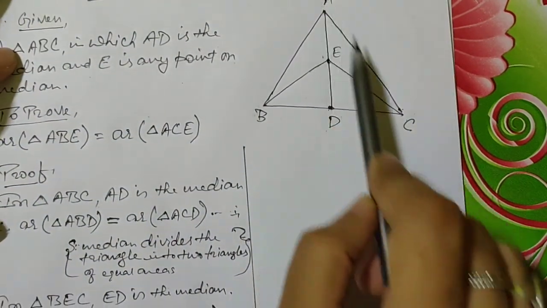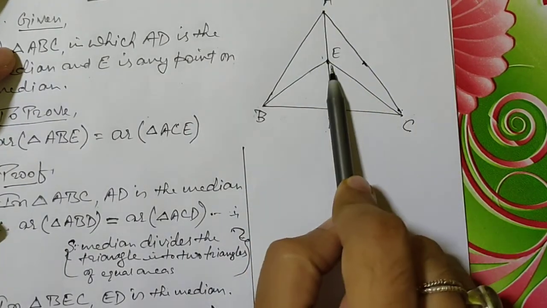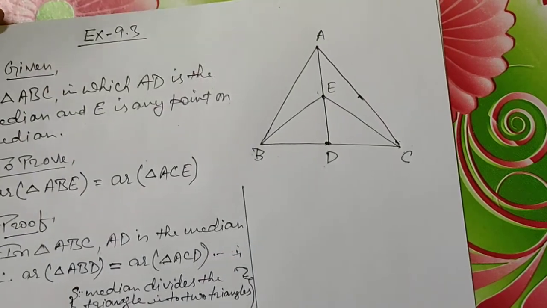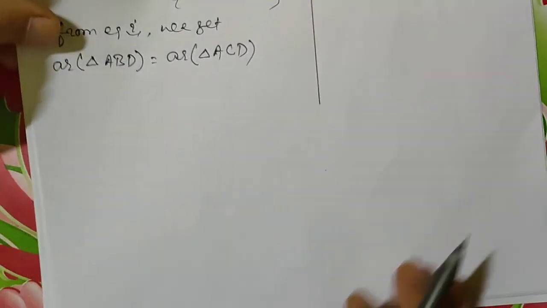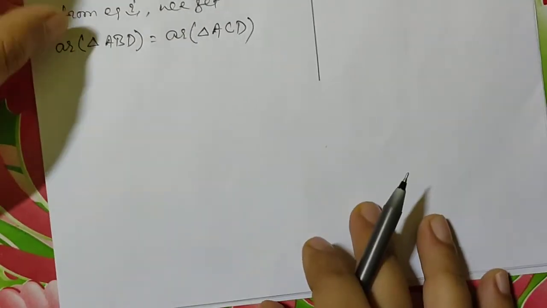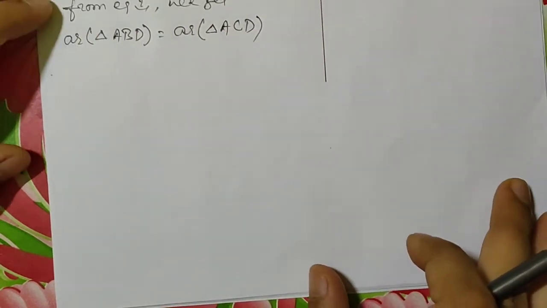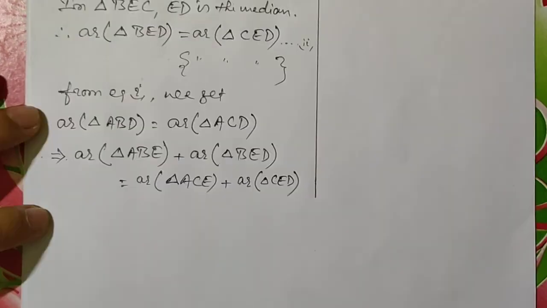Similarly, ACD can be written as area of triangle ACE plus area of triangle CED. I hope this is very easy, and you must understand this. So let us move one more step ahead towards our result.